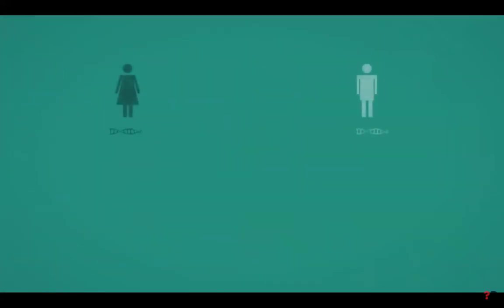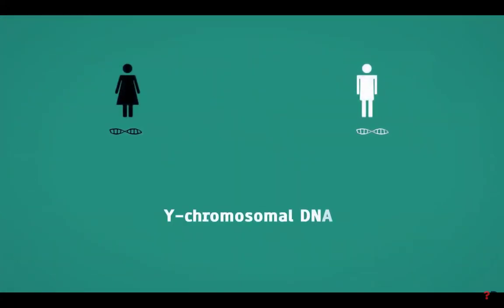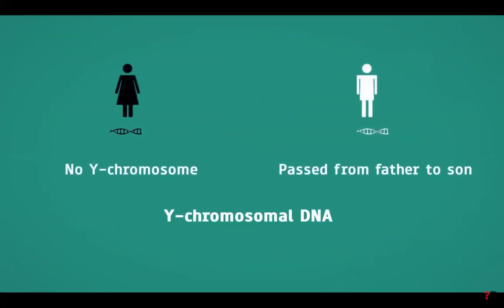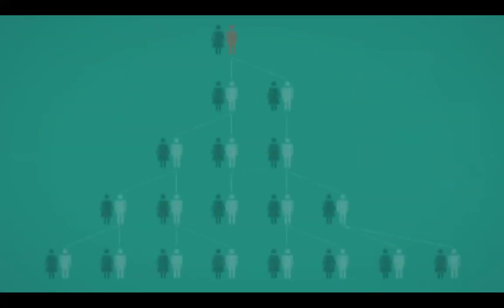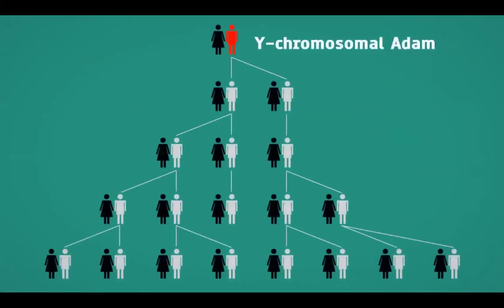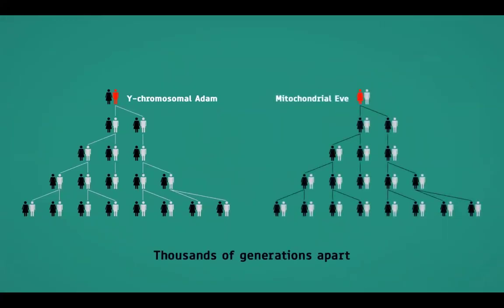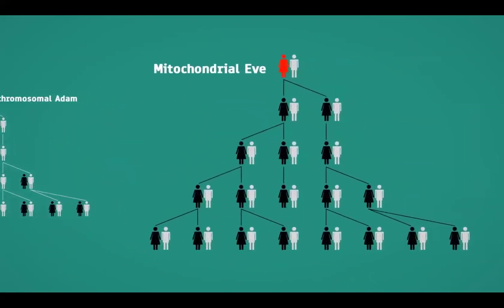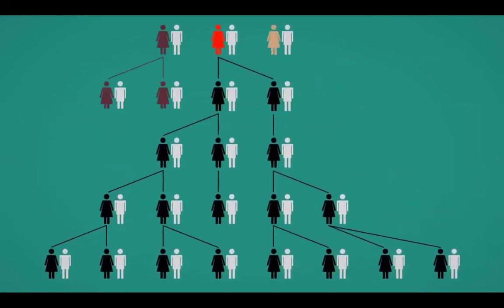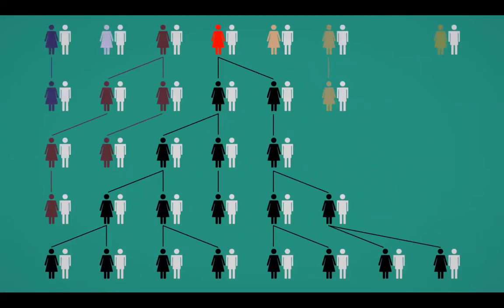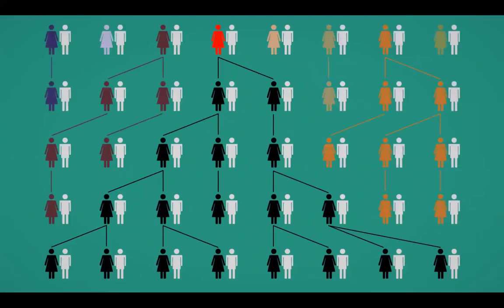Analogous to this, tracing Y chromosomal DNA, which is only inherited from father to son, points to our common father, Y chromosomal Adam. However, there is no reason to believe that Mitochondrial Eve and Y chromosomal Adam lived at the same time. Likewise, they were not the only humans living at the time, but their contemporaries failed to produce a direct matrilineal or patrilineal descent.